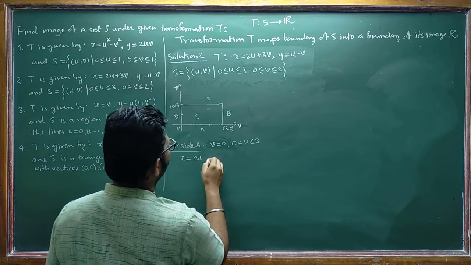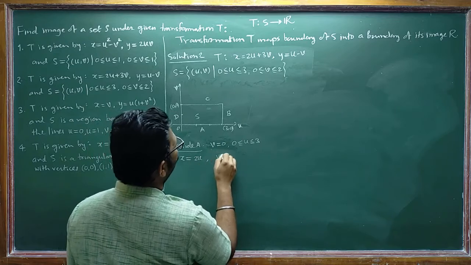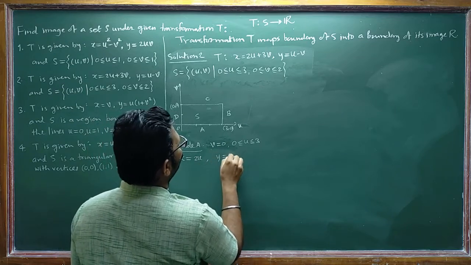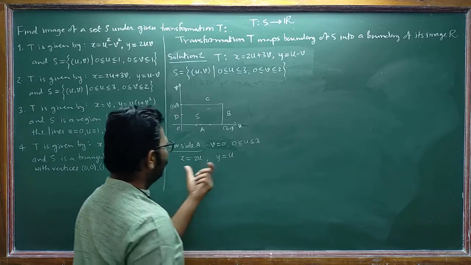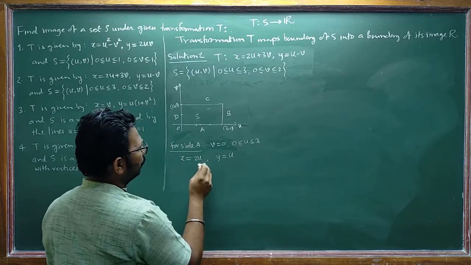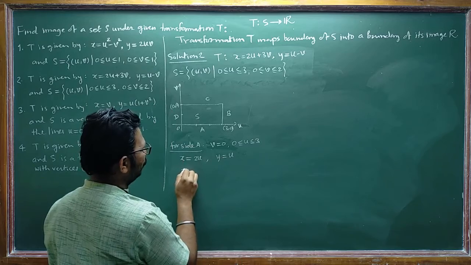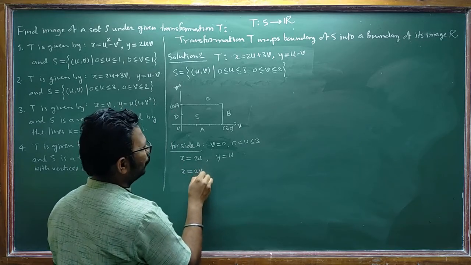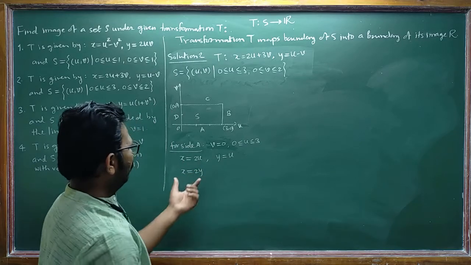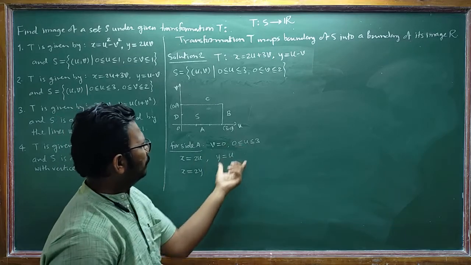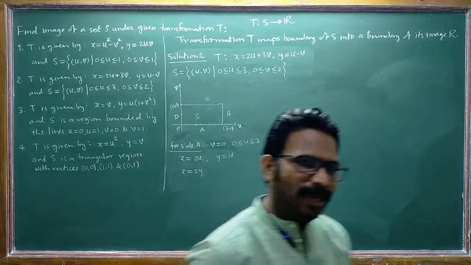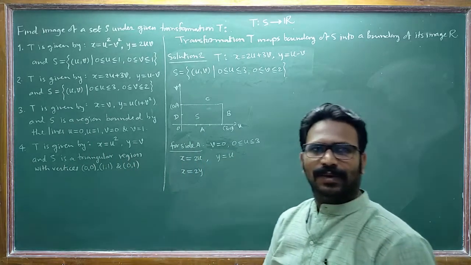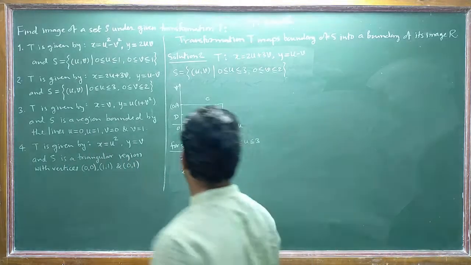V is 0, so x is 2u, and y is u minus v, which is u. Eliminate the variable u or v. So u is y here, so we are getting x is equal to 2 times y. No need to write the limits because the intersection of all these sides will ultimately give us a region in the xy plane. Okay.